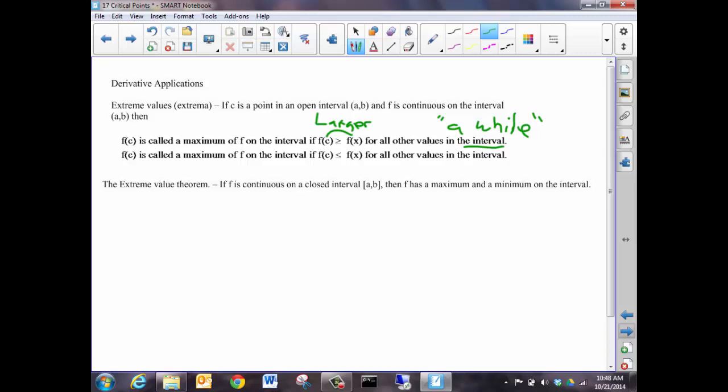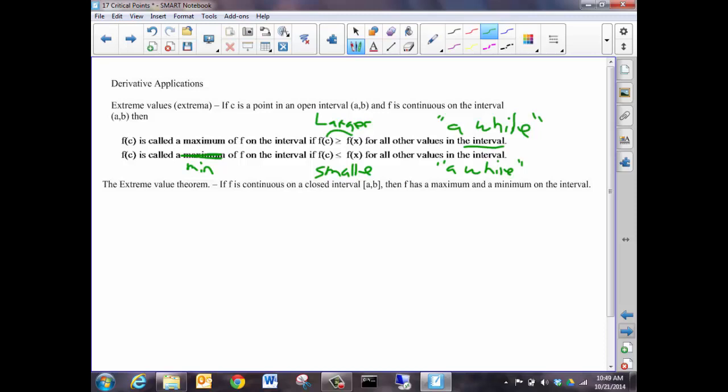It's a minimum if it's smaller than everything for a while around it, okay? So there has to be extreme values, or we can find extreme values if we can find the highest point or the lowest point. Okay?